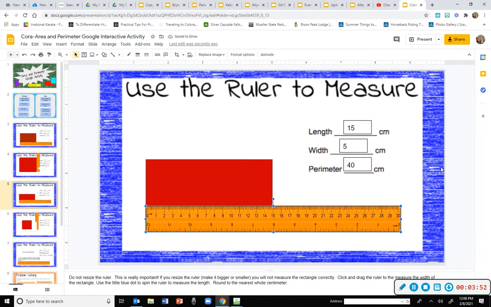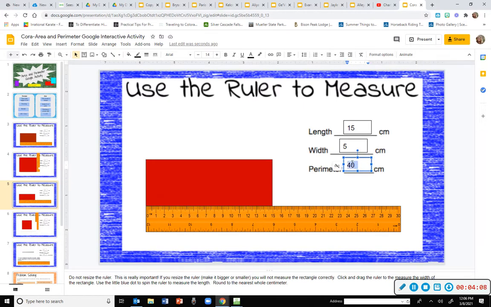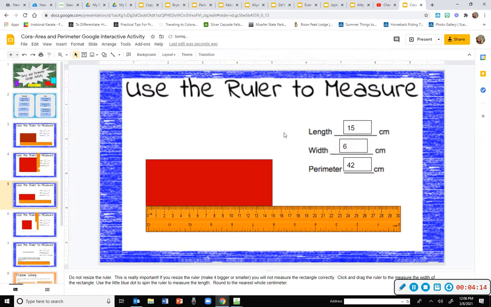So 15 plus 15 would be 30. 6 plus 6 is 12. So 30 plus 12 would be 42. So 42, or 40 if you rounded to 5, but 42 would be the best answer. Okay, any questions so far?